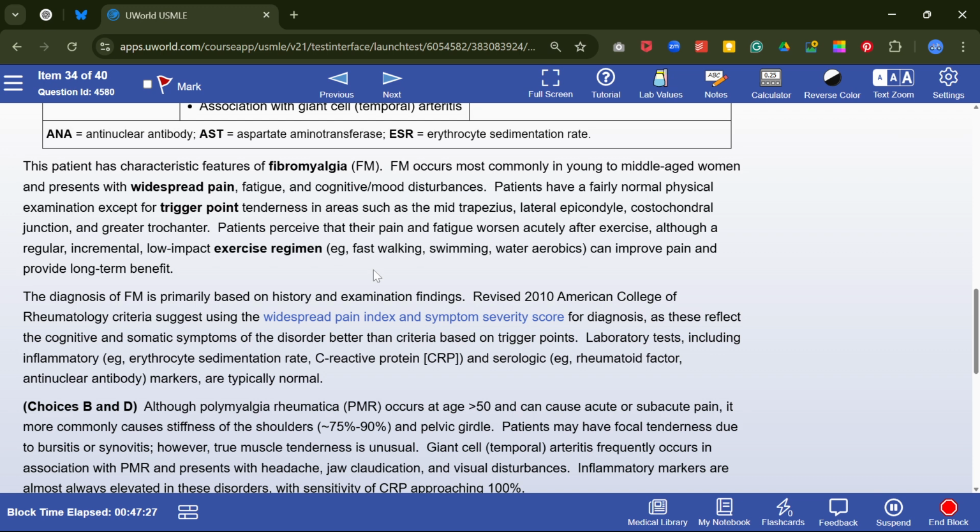The revised 2010 American College of Rheumatology criteria suggest using the widespread pain index and symptom severity score for diagnosis, as these reflect the cognitive and somatic symptoms of the disorder, which is better than criteria based on trigger points. Lab tests, including inflammatory markers and serologic tests such as rheumatoid factor and antinuclear antibody, are typically normal.